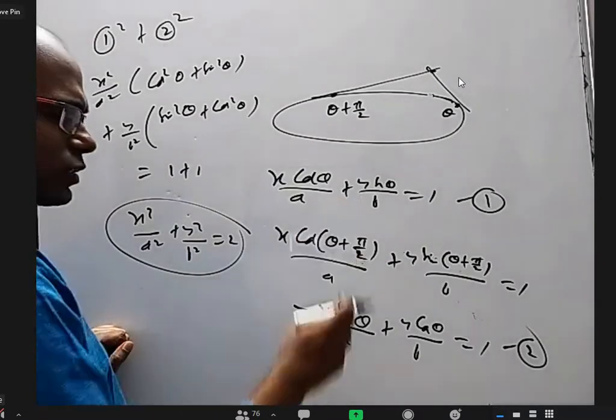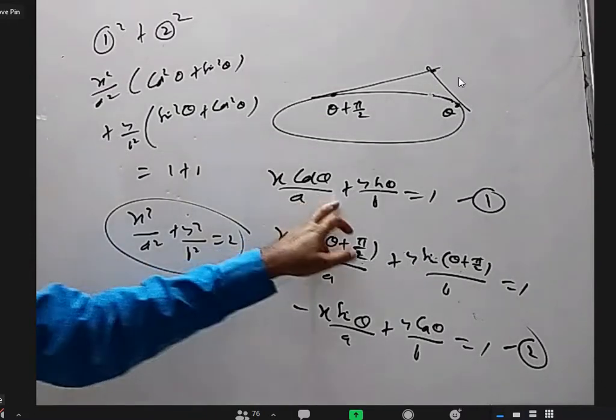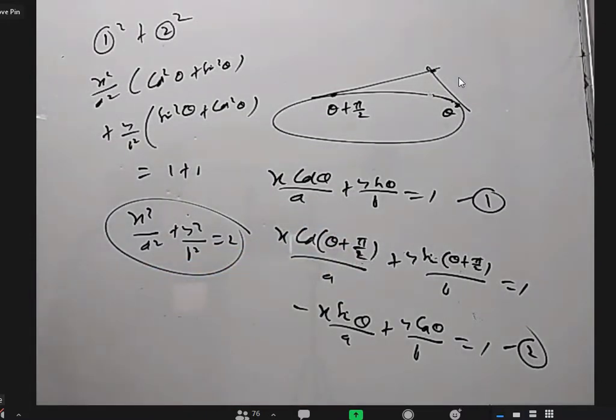Otherwise, somebody can really solve these two and find x and y also separately. Okay. Anybody try to find point of intersection of these two? Anybody got anything? I think one will come a into cos theta plus sin theta, another one will come b into cos theta minus sin theta.